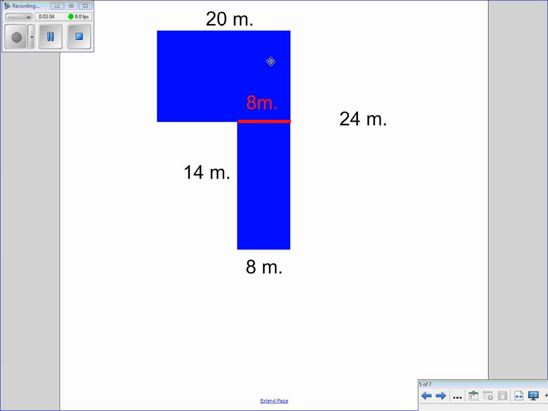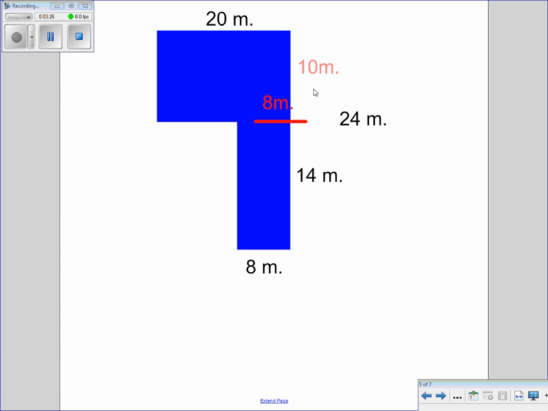This one, though, we can't figure out yet. We know that this side is 20, but we don't know this side. How do we get it? Well, we have to do a little problem solving. We know that the whole thing is 24 meters, and we know that this side up to the red line is 14 meters. How much is left over?